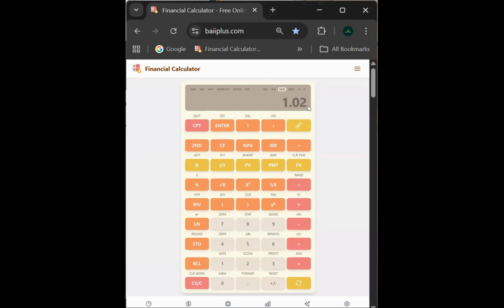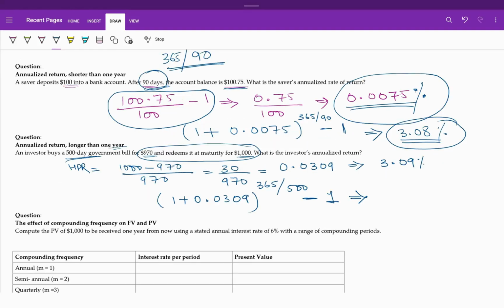This is 1.02. We subtract 1 and multiply by 100 to convert it into percentage. This is going to give me 2.25 percent.